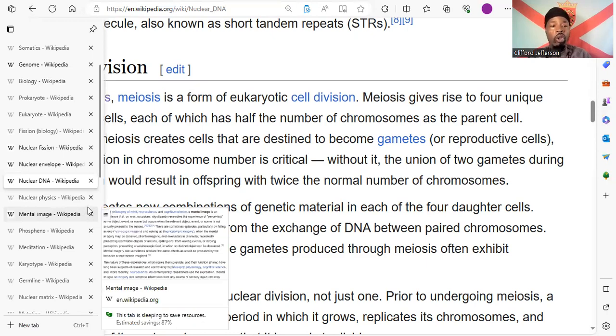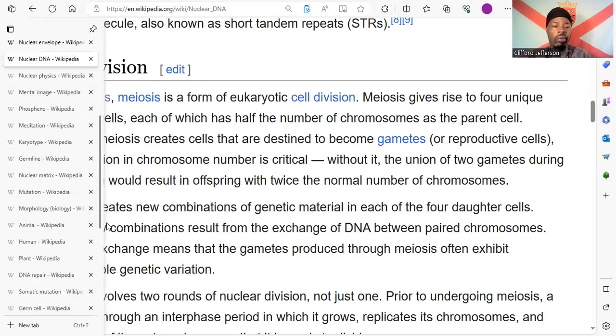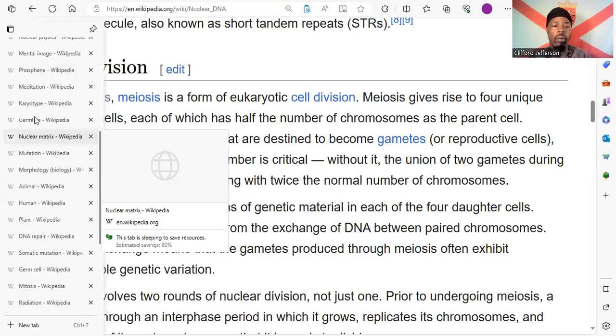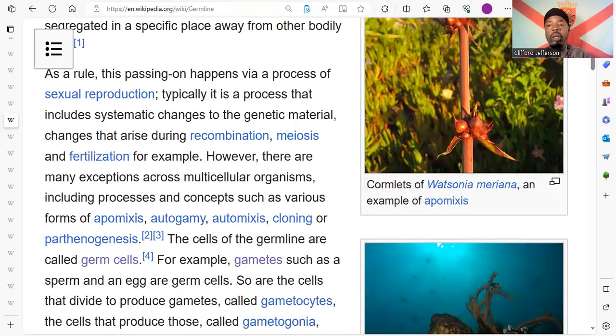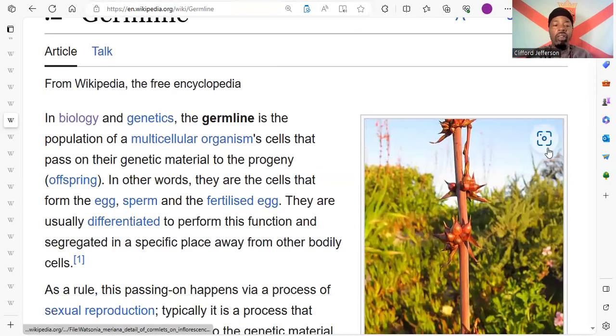You talk about germ cells, and let's visit germ cells again. Germ cells are germline. We're not talking about prokaryotes, but eukaryotes. In biology and genetics, the germline is the population of a multicellular organism's cells that pass on the genetic material to the progeny, offspring.